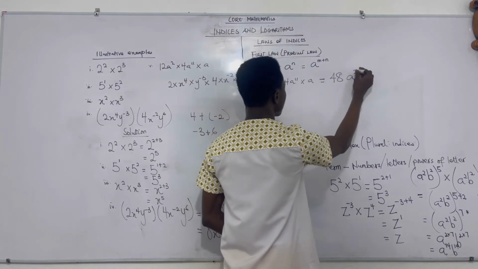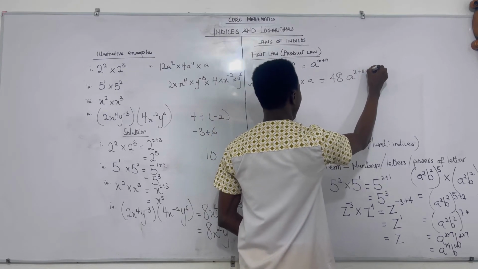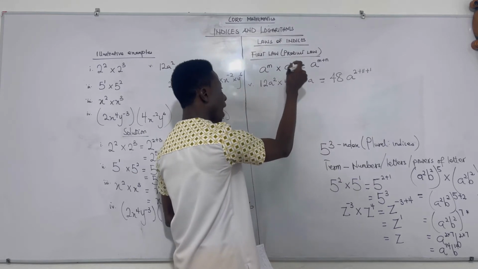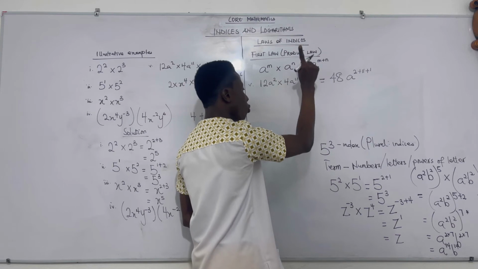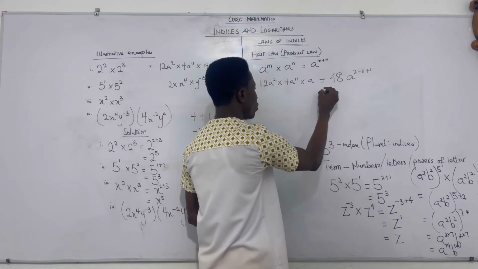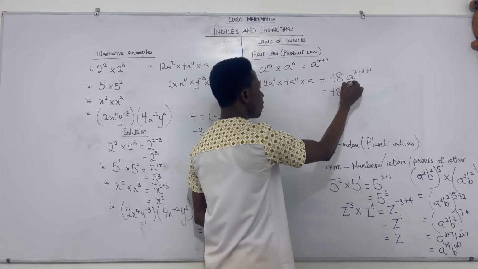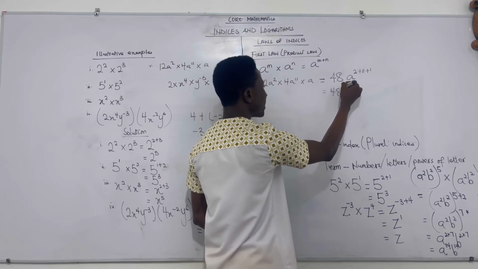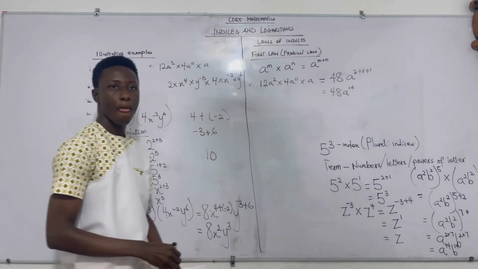So it's going to be 2 plus 11 plus 1. Mind you, I said that any whole number is raised to an index of 1. You know index, isn't it? Same as power. So you would have 48a exponent 11 plus 2 is 13, plus 1, 14. That is it.